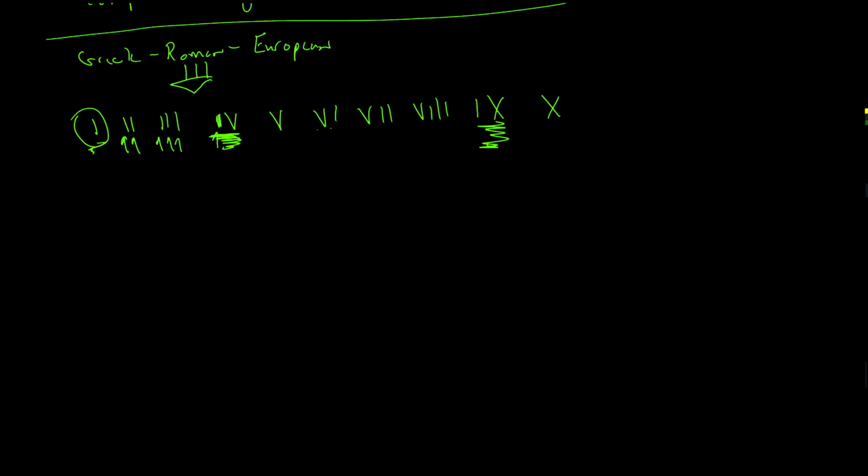Well, 5 and 1 is 6, 5 and 2 is 7, 5 and 3 is 8, the 1 before 10 is 9, 10, and so on. And so they use this additive nature of generating numbers. And many cultures, actually, that's the first type of numbers that they develop.